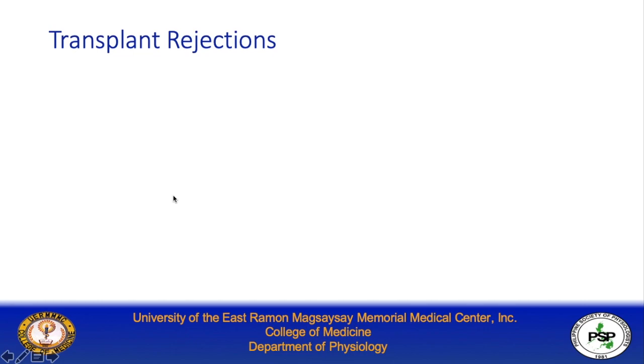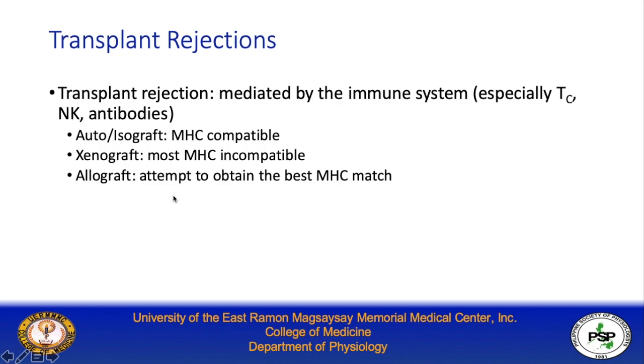Of these, since they can be viewed by our immune system as something foreign, except for the autograft, since it's from the same person, these are at risk to develop rejections. This is usually mediated by the immune system, specifically the cytotoxic T cell.